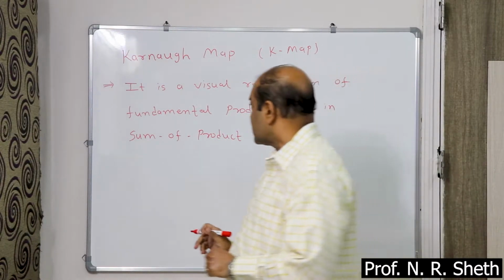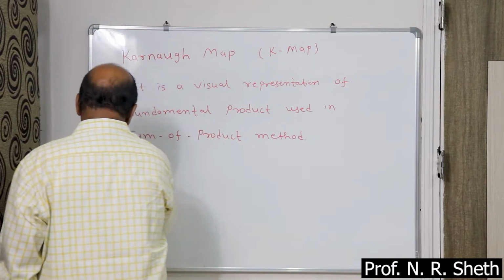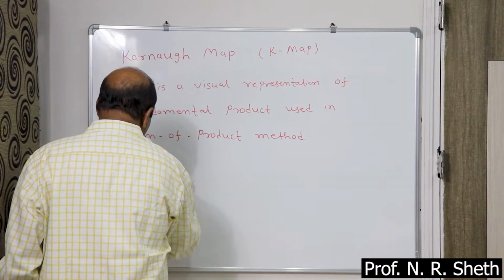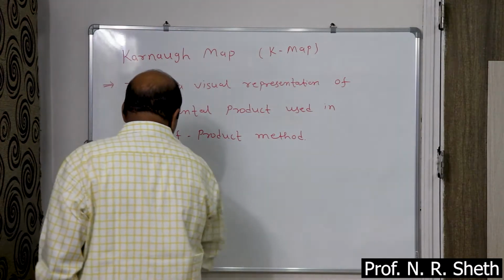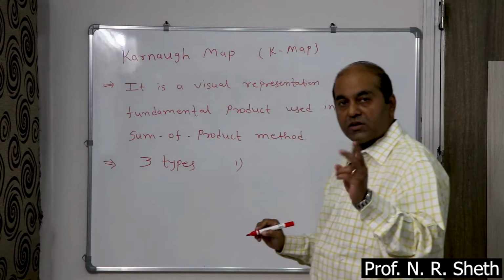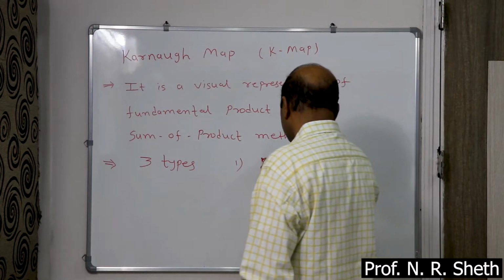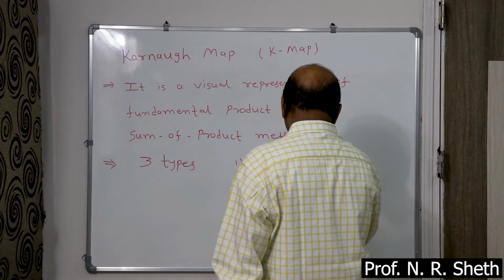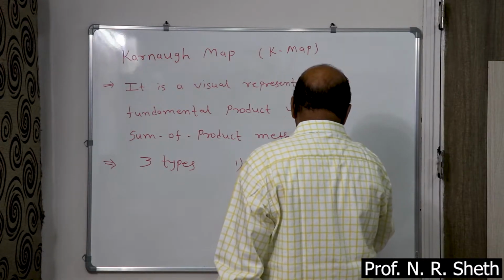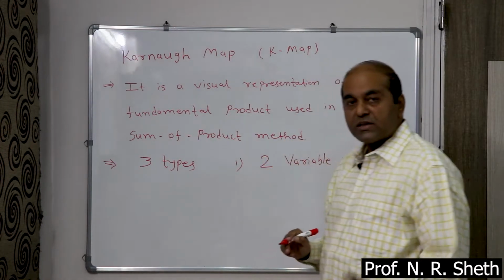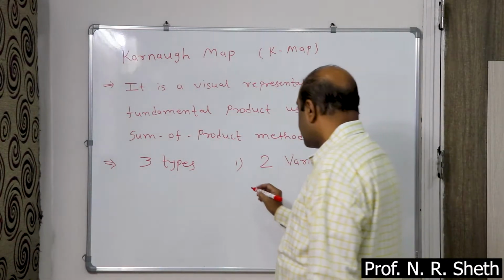Basically, there are three types of K-maps. First one is two variable K-map. Second, three variable K-map.